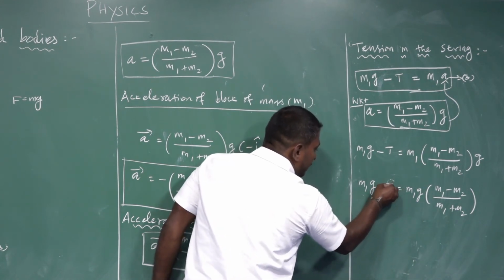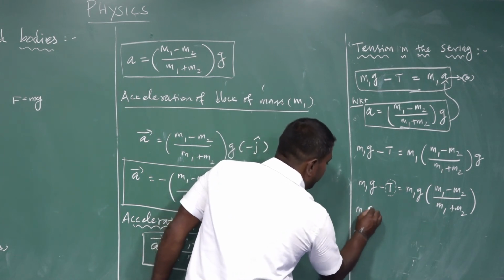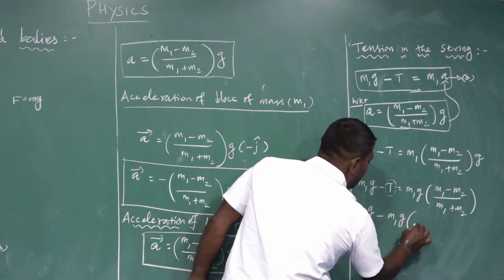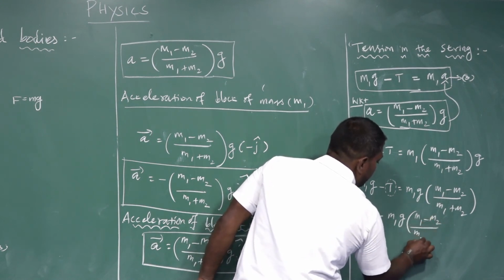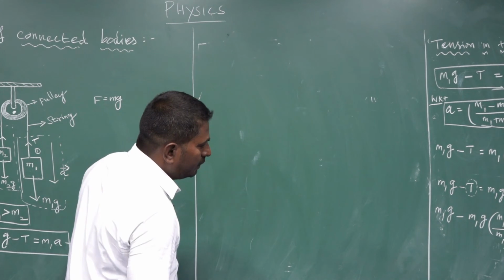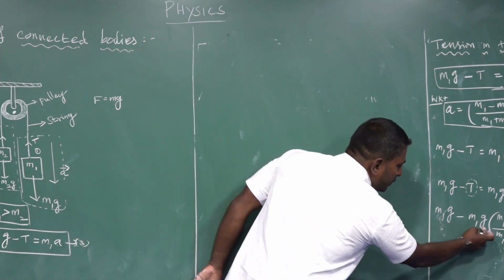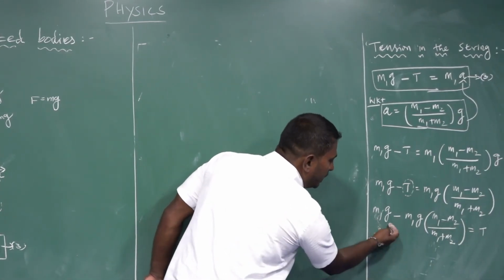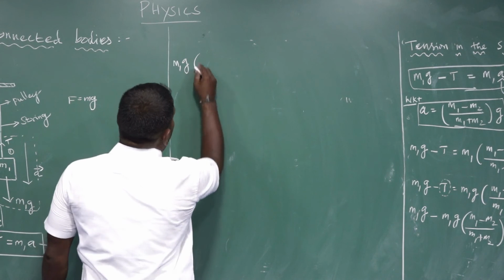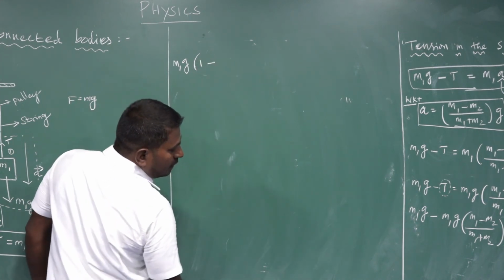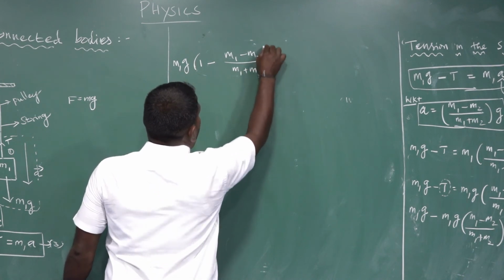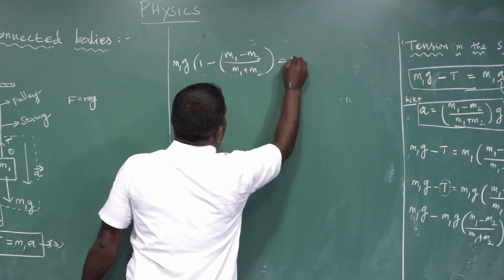Our aim is to determine the tension in the string, so we rearrange this equation: this term comes to this side, giving m1 g minus m1 g (m1 minus m2) divided by (m1 plus m2) equals T. Taking m1 g common, m1 g times [1 minus (m1 minus m2) divided by (m1 plus m2)] is equal to T.